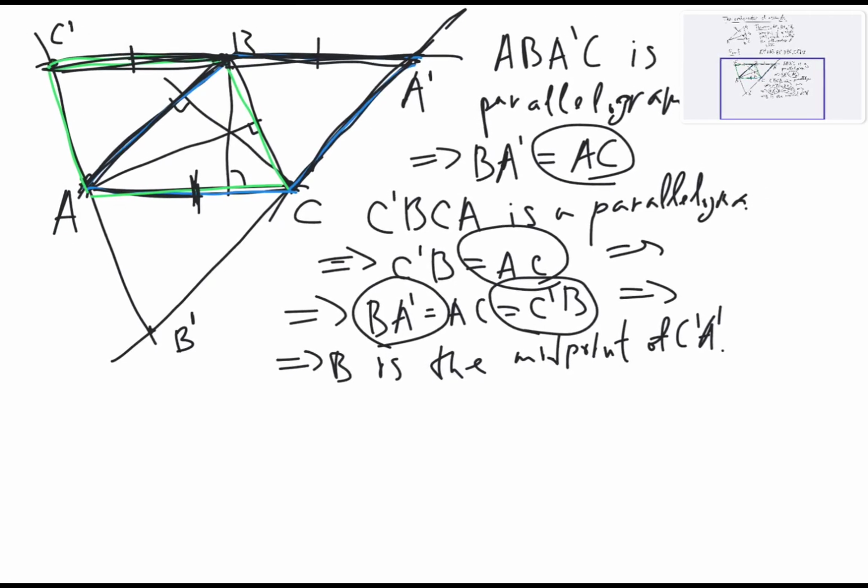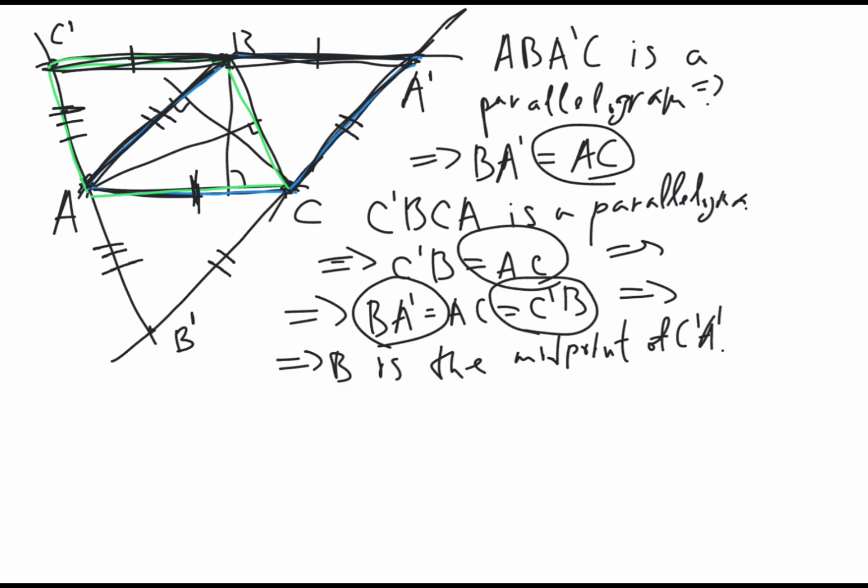Similarly, by a similar argument, we can conclude that C is the midpoint of A prime B prime, and A is the midpoint of C prime B prime, since C prime A is equal to A B prime.